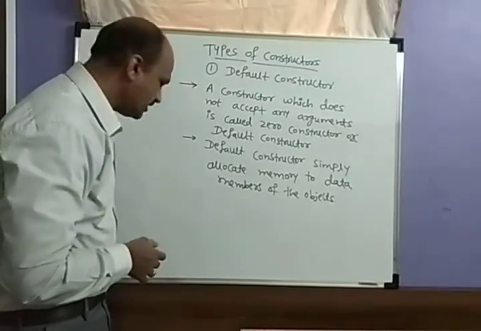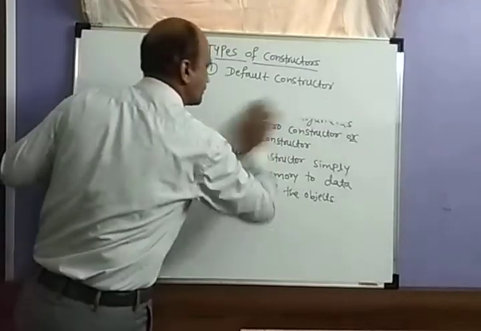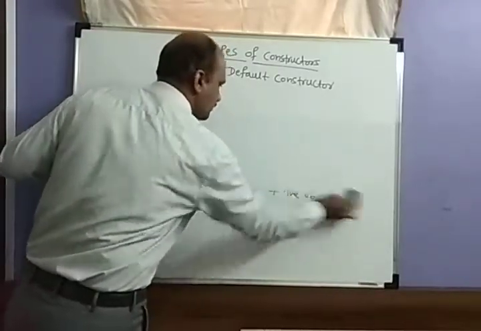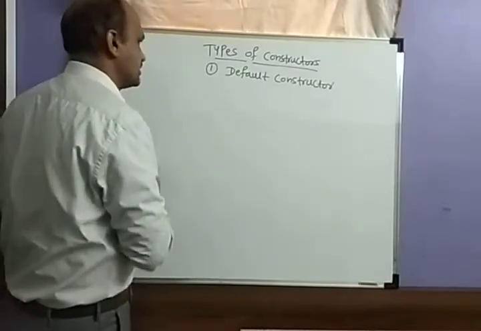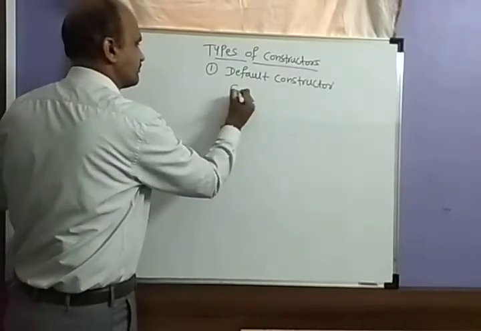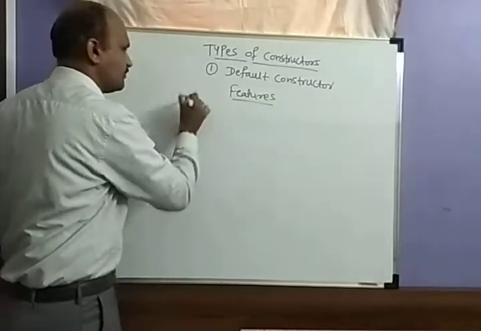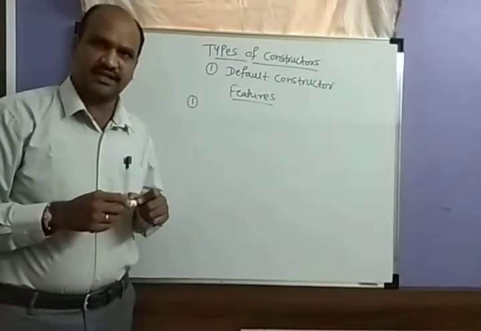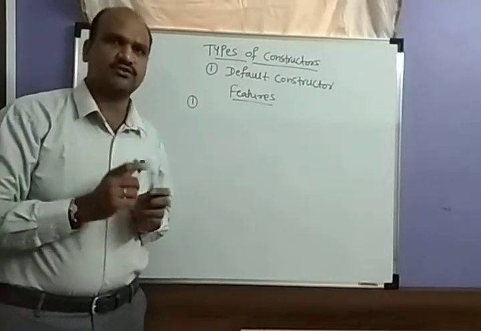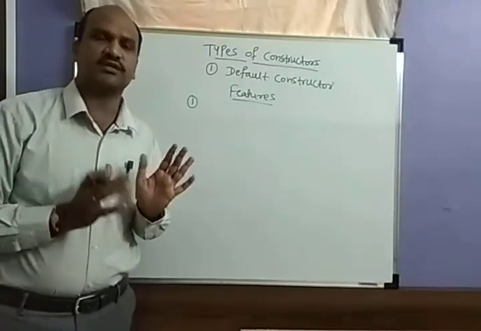Then when you go to the default constructor, there are some features. What are the features? The first feature is that for every object created, whatever the object you created, this constructor is automatically called.